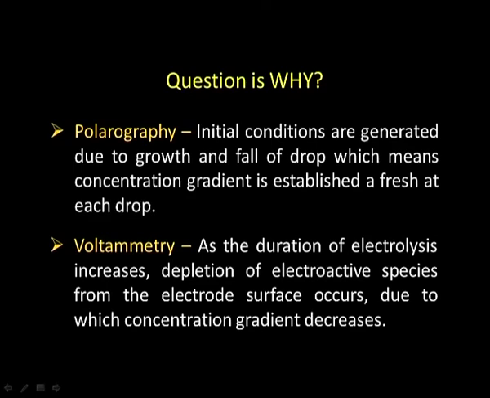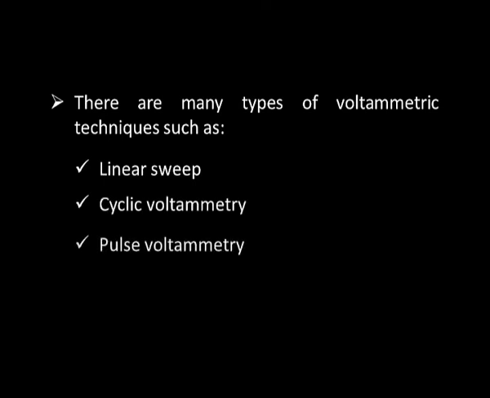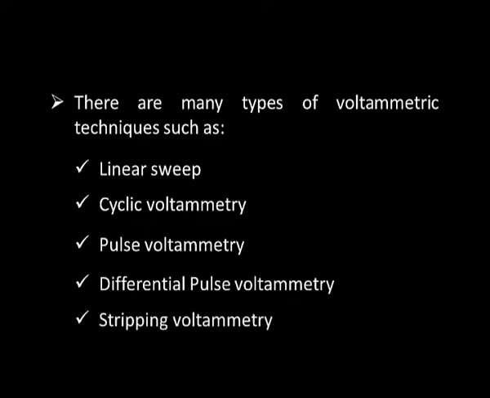Whereas in voltammetry, as the duration of electrolysis increases, depletion of electroactive species from the electrode surface occurs, due to which the concentration gradient decreases. There are many types of voltammetric techniques such as linear sweep, which we have already discussed, cyclic voltammetry, pulse voltammetry, differential pulse voltammetry, stripping techniques.